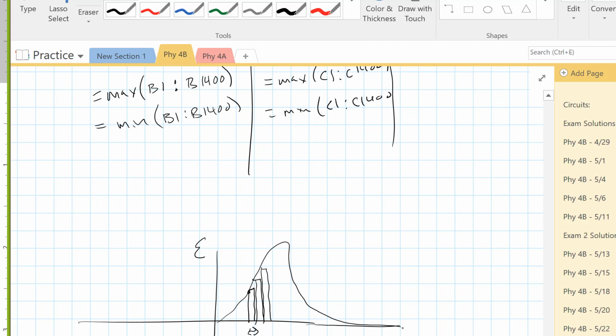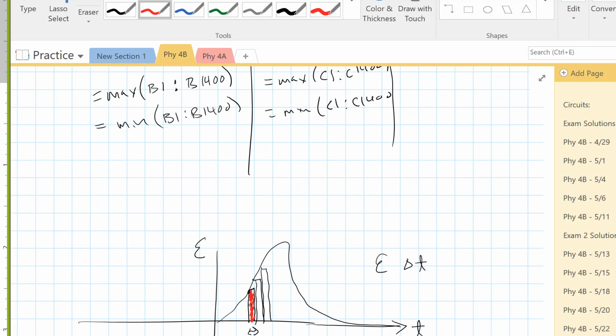This is E, right? So E times dt, or delta t, I guess I'm calling it. We're multiplying E times delta t to get the area of one of these segments, right? And we want to add them all up. But all the delta t's are the same. So do we really need to multiply by delta t? I say no, because we're just looking for a proportionality in the end.